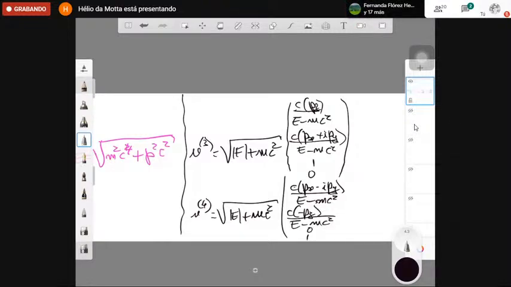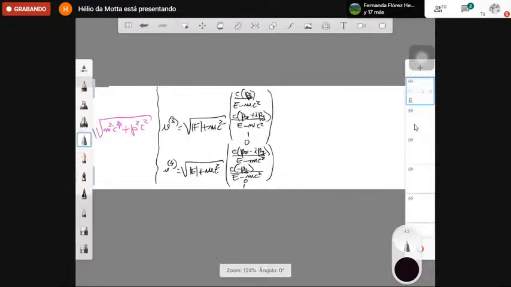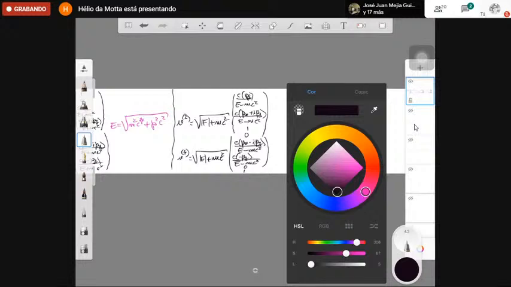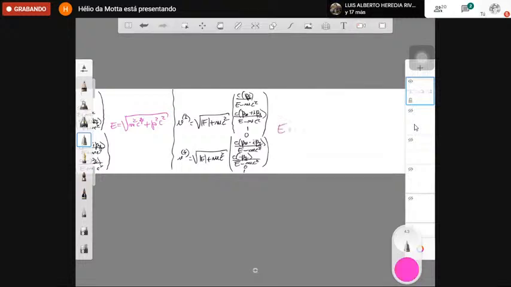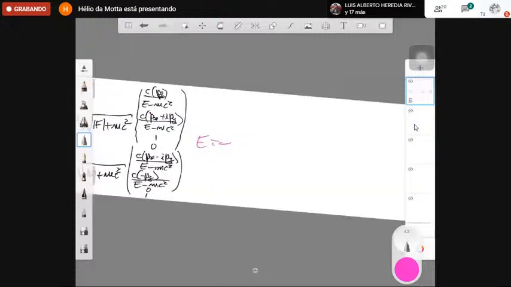Those two are for the situation where the energy is negative. The situation of negative energy was interpreted as the antiparticle.